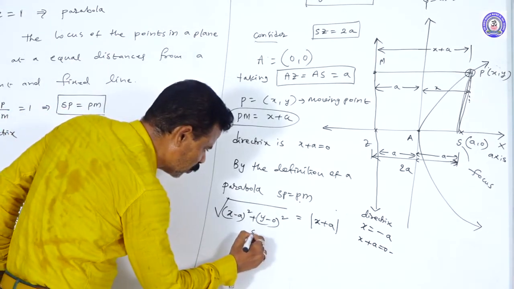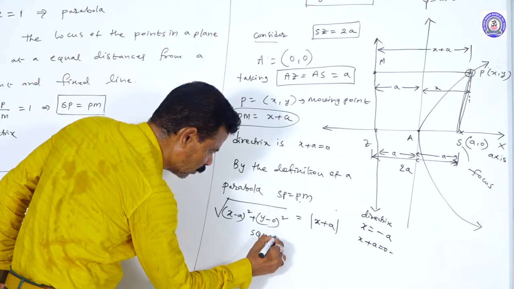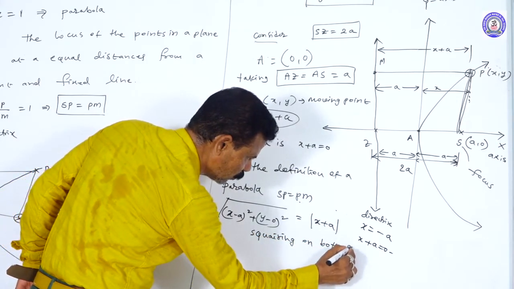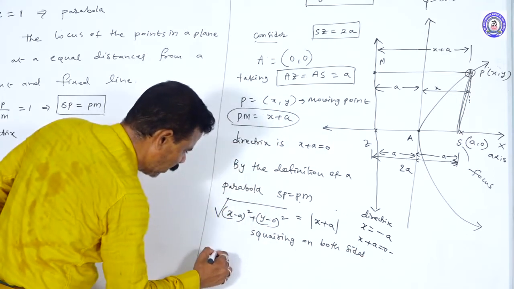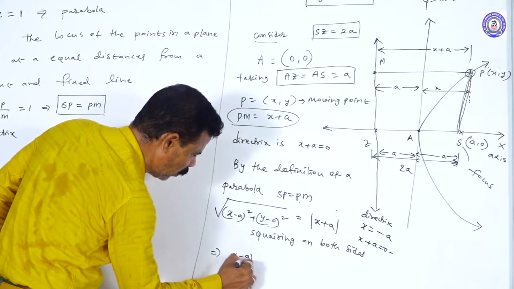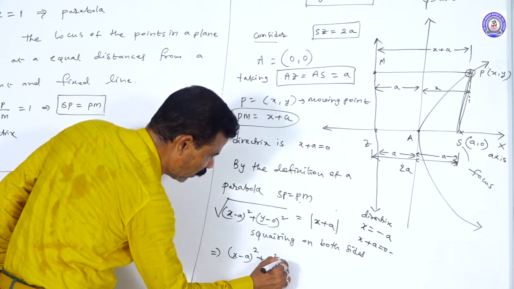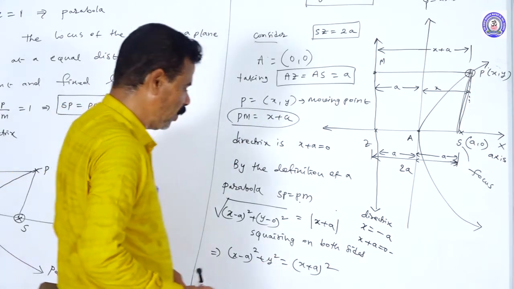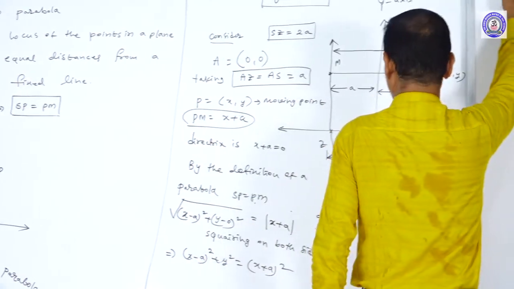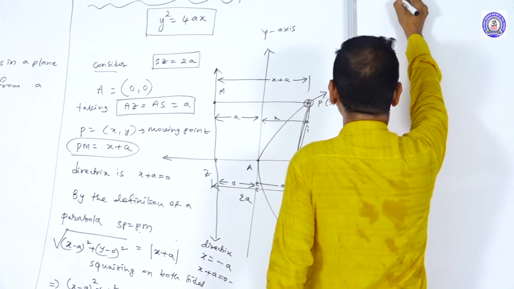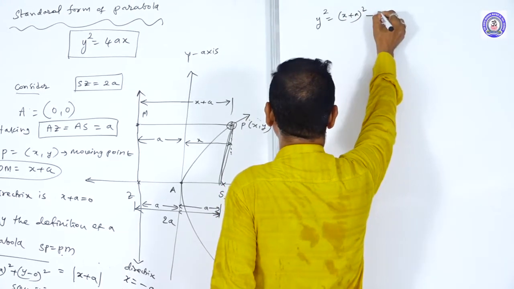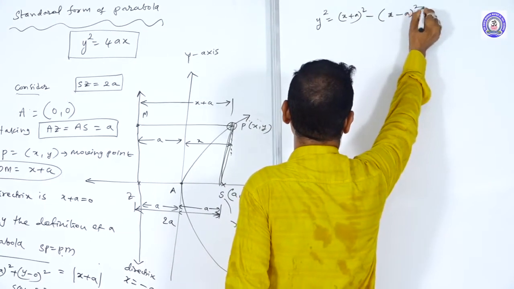So squaring on both sides, we get x minus a whole square plus y square is equal to x plus a whole square. From this, y square is equal to x plus a whole square minus x minus a whole square.